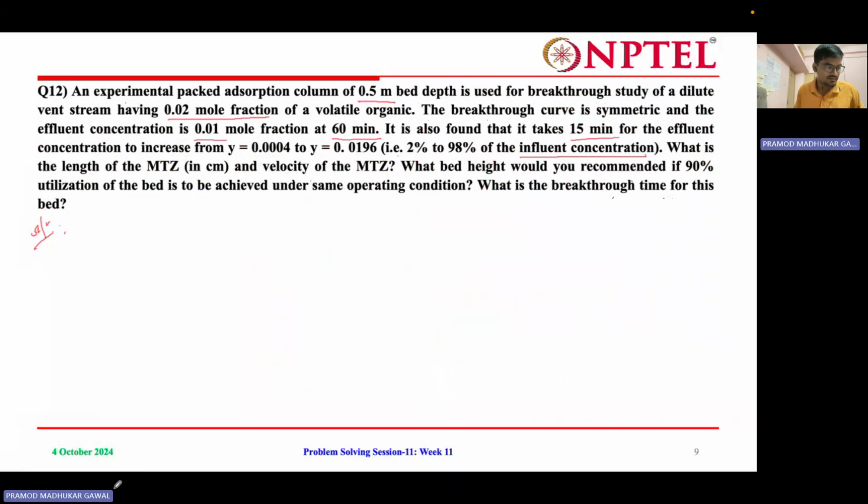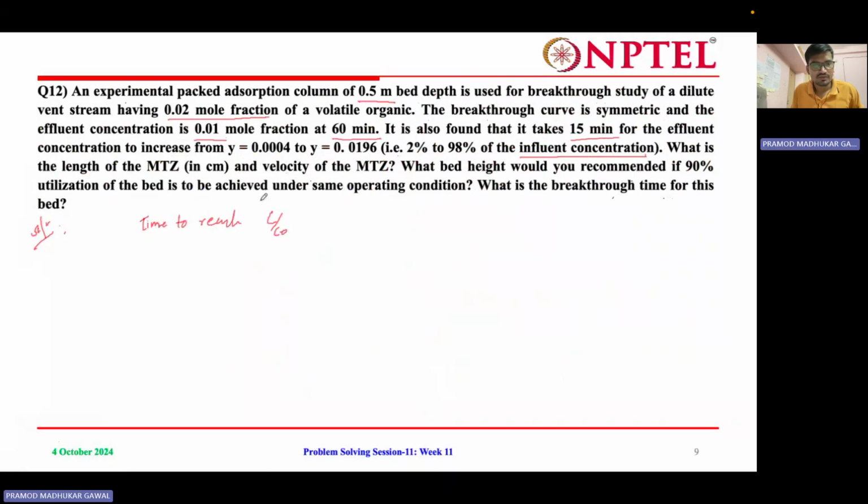the time to reach C by C naught, the final effluent.